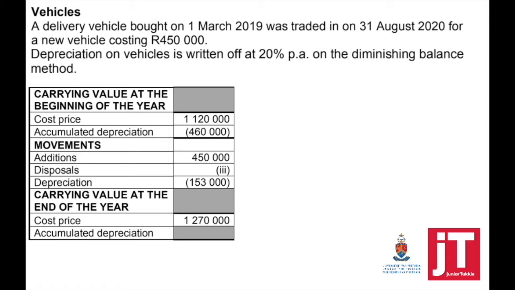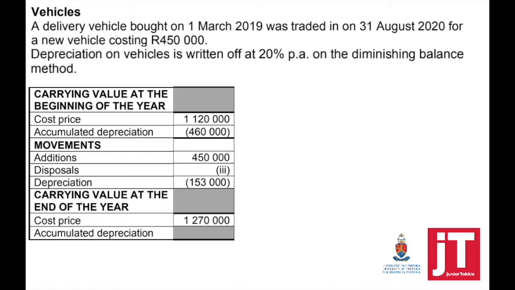Again, there's a reason why they provided us with the date, the 1st of March 2019. Our current financial year ends 2021. And if you also take note, they didn't provide you with the accumulated depreciation on the asset which I disposed of in the beginning, and they also didn't provide you with the selling price or if you made a profit or a loss on the sale of an asset.